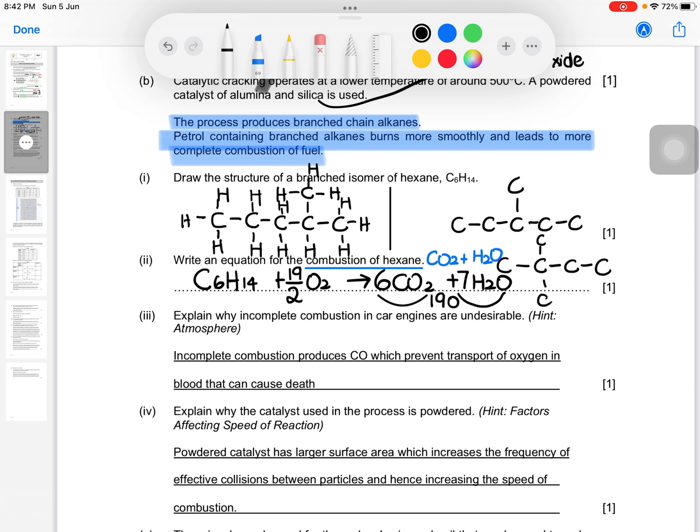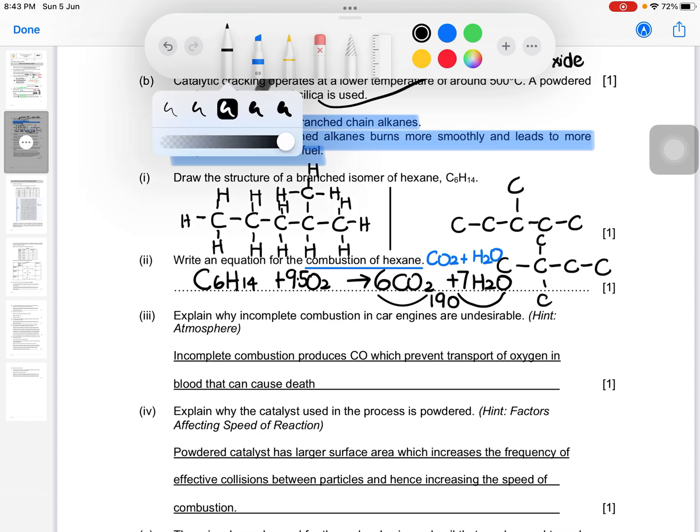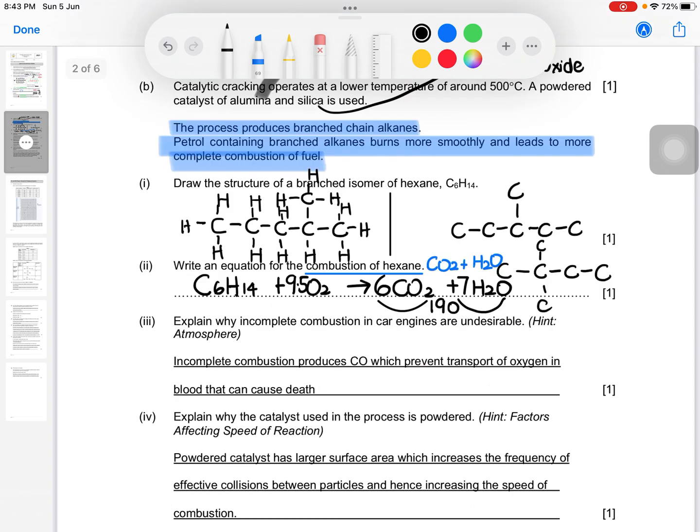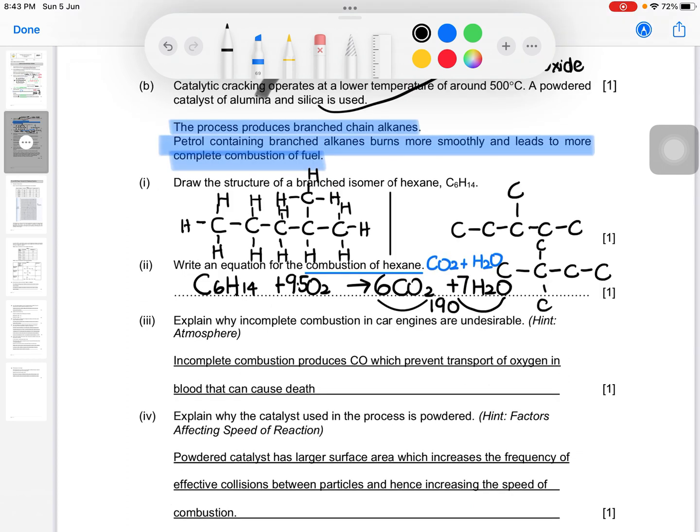Ladies and gentlemen, if you are not comfortable with 19 divided by 2, what you have been taught is that I can also put there 9.5. However, if I want to make it a whole number, I can multiply the whole equation by 2.